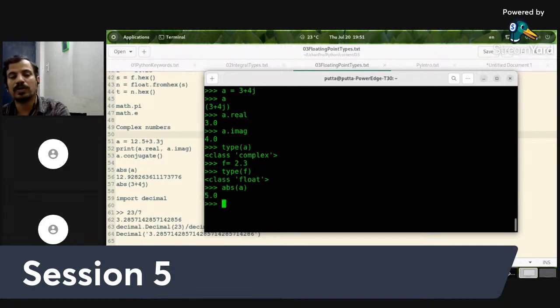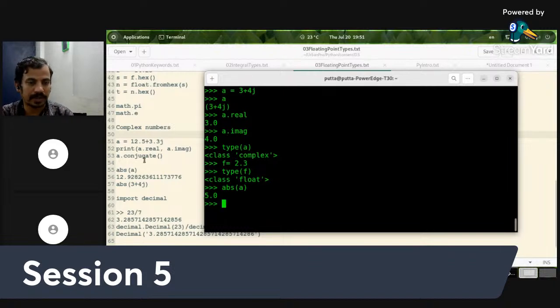So absolute of 3 plus 4j is 5. You square your real part, square your imaginary part, add them and find the square root of it. 3 square is 9, 4 square is 16, 9 plus 16 is 25, square root of 25 is 5. That is called the absolute value of a complex number.